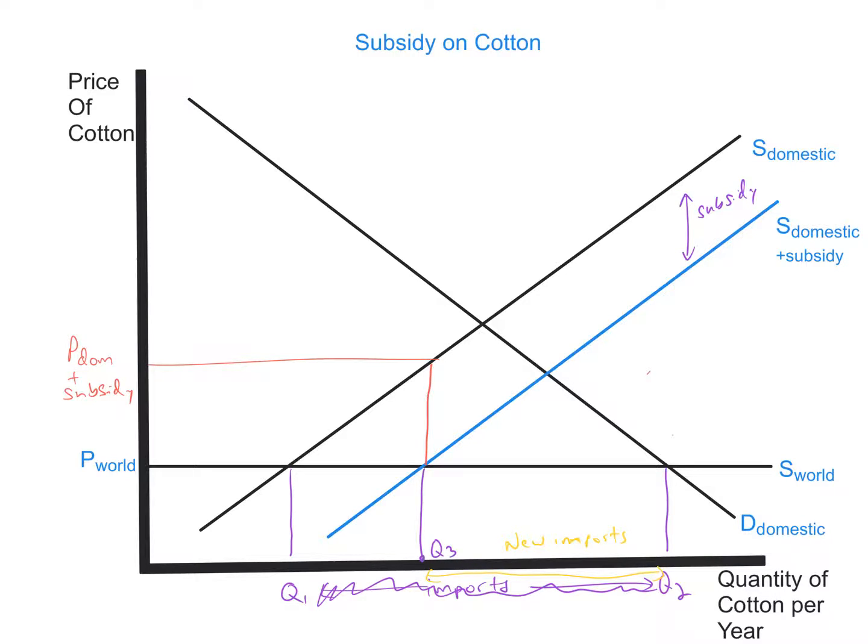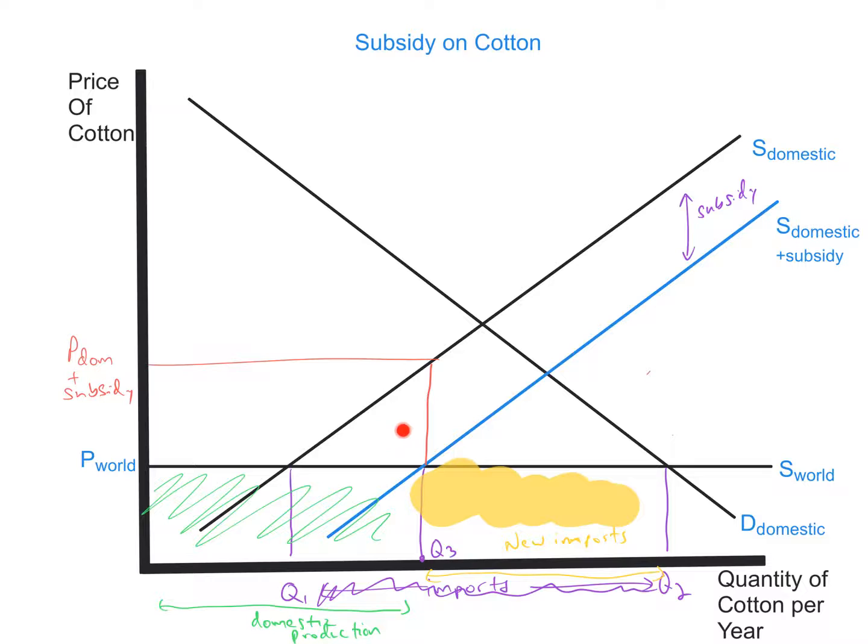The domestic production has increased, so now domestic producers are making everything from the origin all the way over to Q3. So the domestic producer revenue is now this whole area in here. Foreign producer revenue is now this whole area in here. This area here has been lost to the foreign producer and has been captured by the domestic producer.